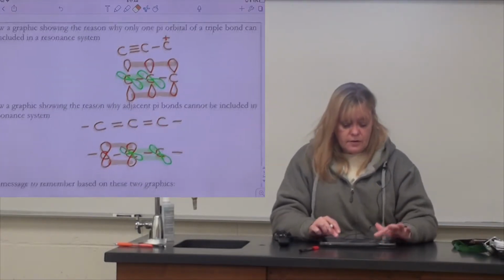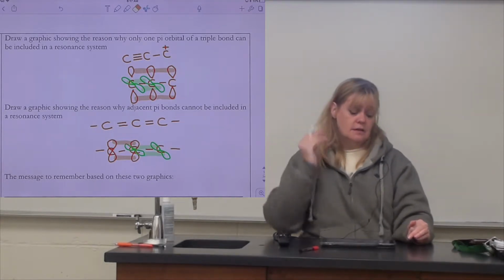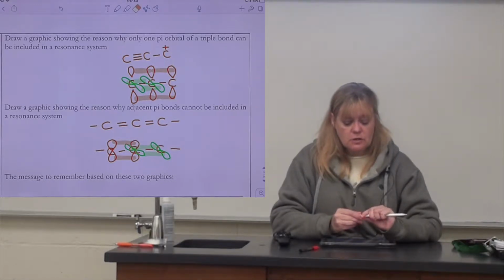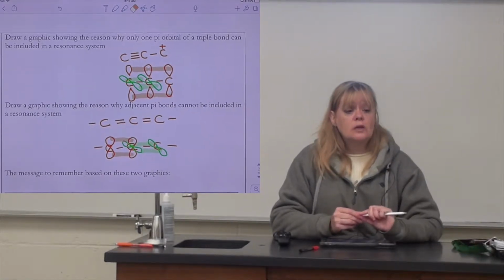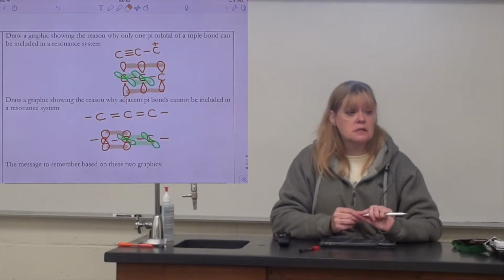On page 5, this was where I hadn't quite gotten yet in the lecture yesterday, that might be helpful to you. The first idea is if something has a triple bond, only one pi bond can line up in a resonance system.